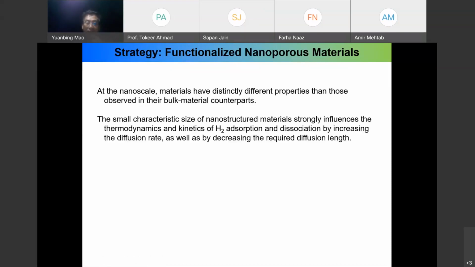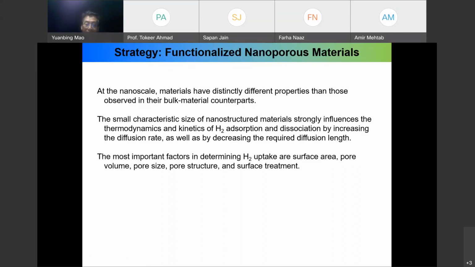Because of the small characteristic size of these nanostructured materials, this strongly influences the thermodynamics and the kinetics of hydrogen adsorption and dissociation, by increasing the diffusion rate and decreasing the required diffusion length.